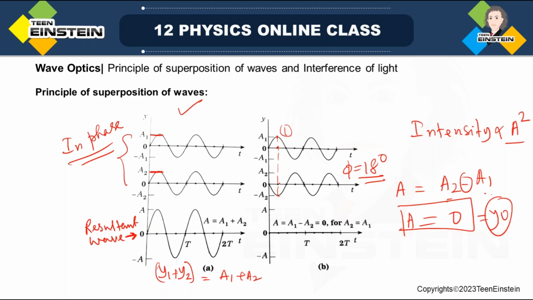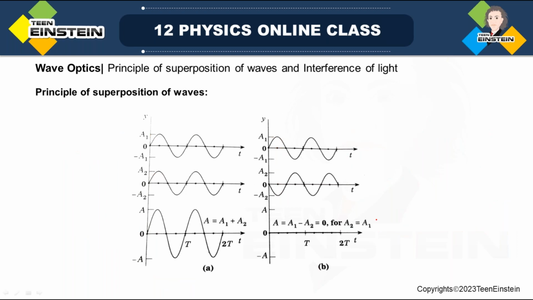In one case the resultant amplitude or intensity will be maximum. In the other case, the resultant amplitude or intensity of the light will be minimum or 0. So these are the two cases. You can look at the figure now very well. So this is about the principle of superposition.